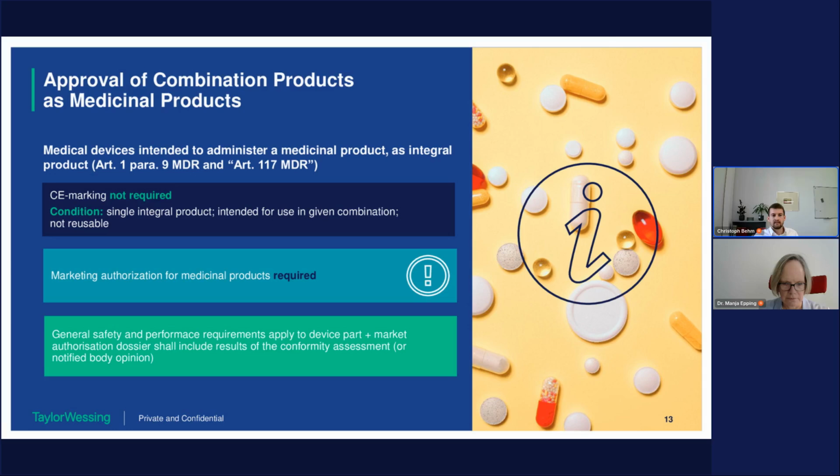And third, the single integral product is not reusable. Remember the pre-filled syringes for single use I mentioned earlier in the examples. In this case, a marketing authorization for the integral product is required. Moreover, in addition, the GSPR in Annex 1 of the MDR apply, and a notified body opinion must be obtained.